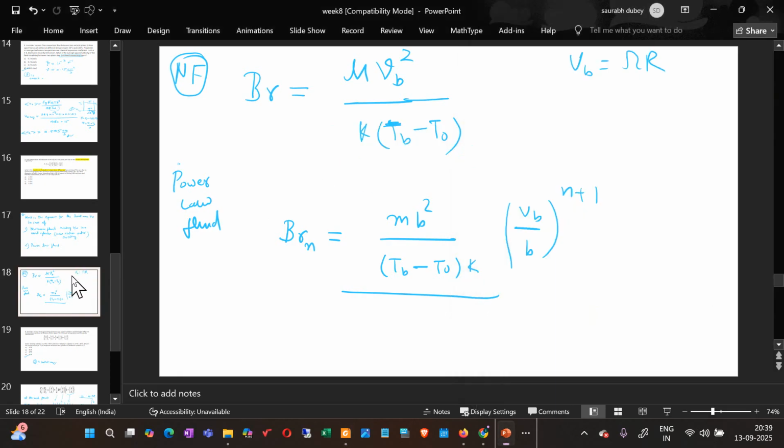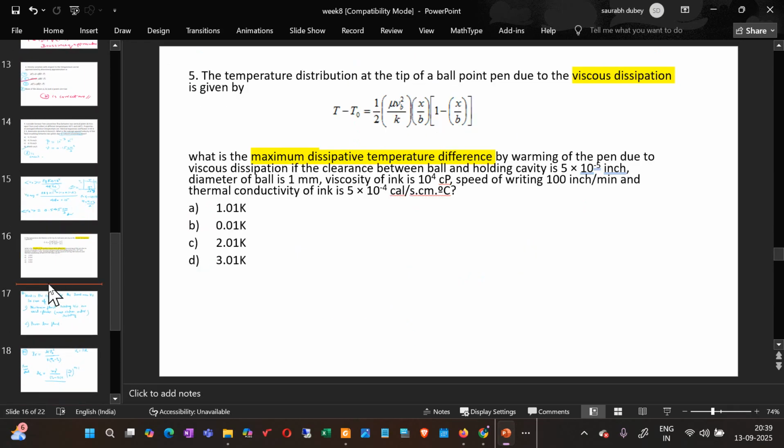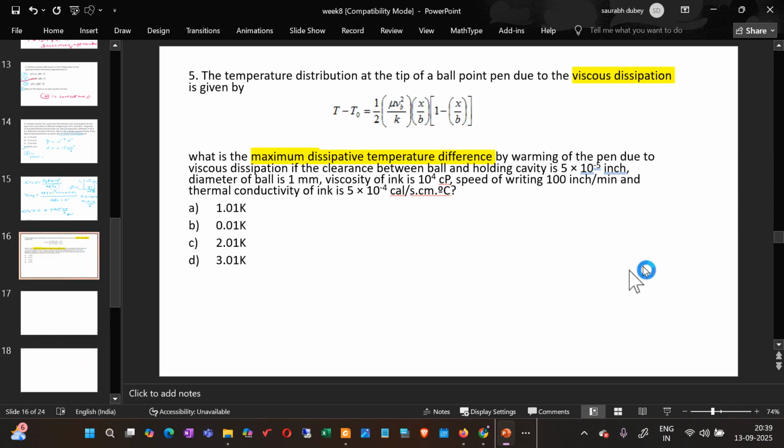Right. So I think this question is about that. Let's put some new slides. Let us solve this particular question. So they have related it with a ball pen kind of setup where there is friction between the ball and the cavity. The temperature distribution at the tip of the ballpoint pen due to the viscous dissipation is given by this.